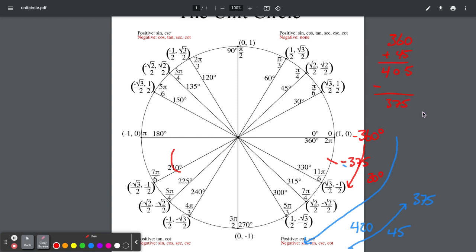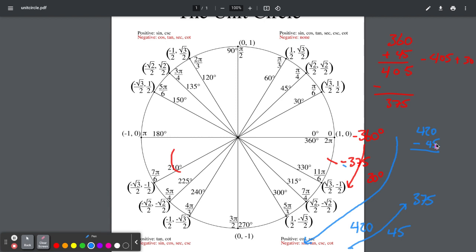I could use a negative 405, and then I could add 30 to it. And the one that I did was, I went out to 420. So I'm going to go from 360 out 60, to 420, and then I'm going to take away 45 degrees.